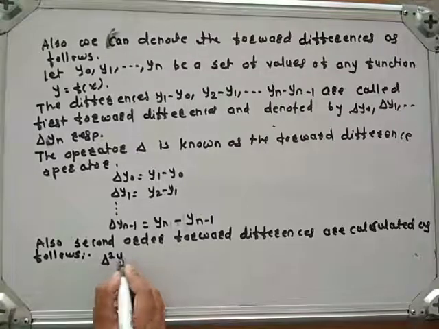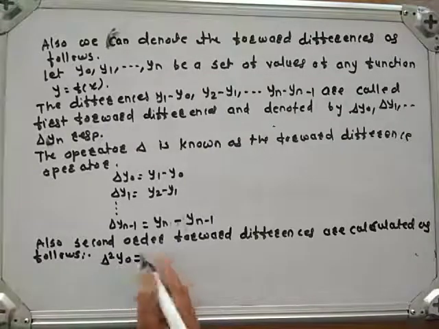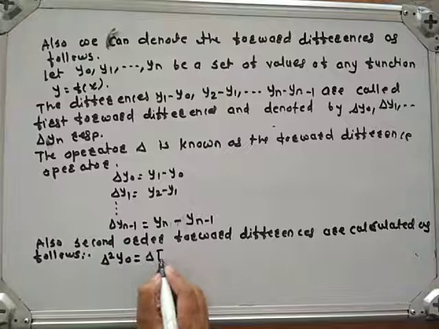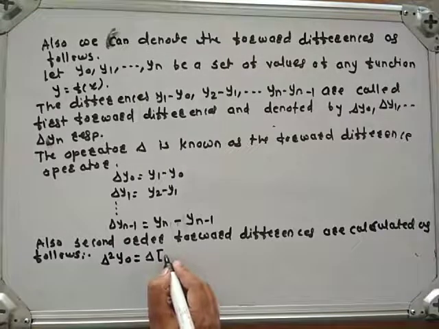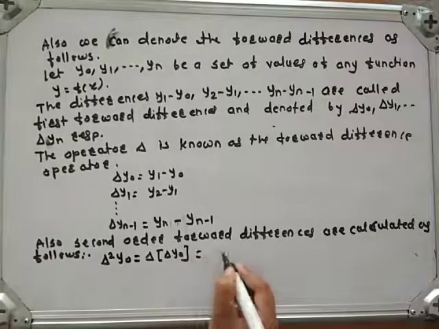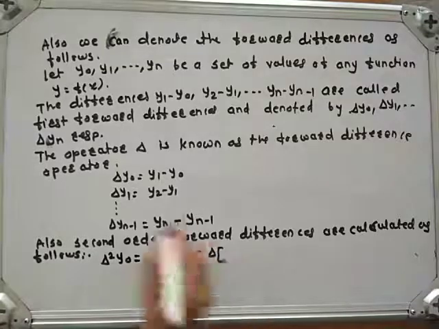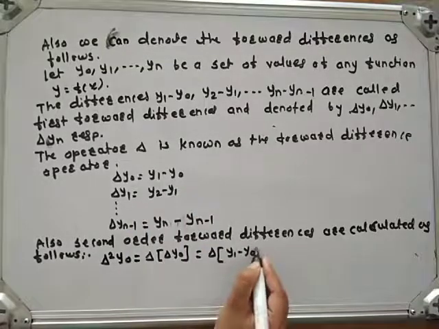Delta square y0, which is nothing but delta of delta y0, which is equal to delta y1 minus delta y0. Delta y1 is y2 minus y1, and delta y0 is y1 minus y0.